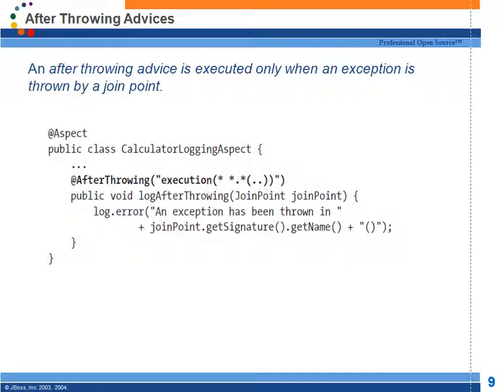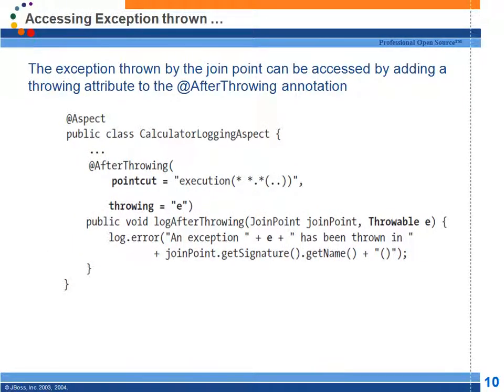But in this method, you are not able to access the exception object. If you want the exception object to be available, you can specify the pointcut and throwing. Whatever value you give should be the same as the variable name, and it should be of type Throwable. Then you will be able to access the exception which caused this to be executed, right?